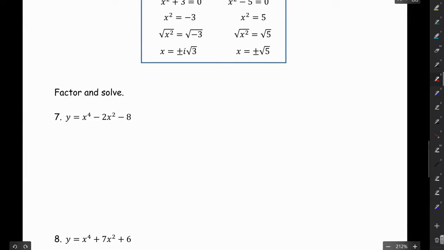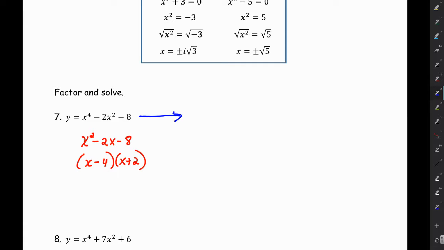Now, if I was thinking of this guy, and I'll just do this over here first. If this was x squared minus 2x minus 8, and I factored that, I would do x minus 4, x plus 2. All right, but that's not what we have. We have x to the 4th minus 2x squared minus 8.